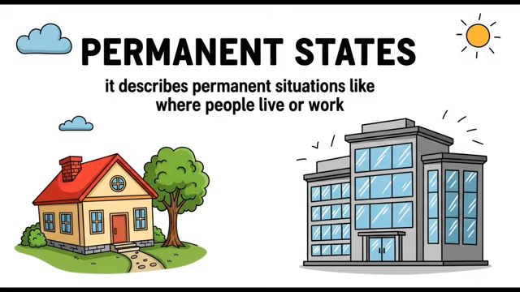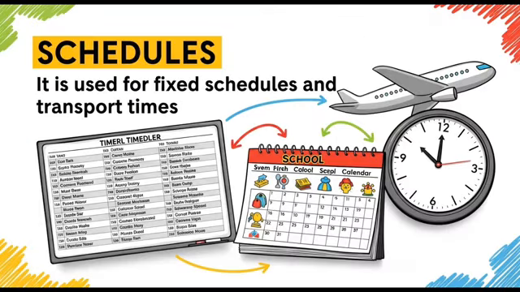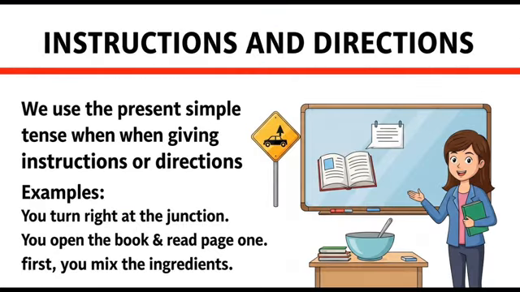Thirdly, it describes permanent situations, such as where someone lives or works. It is also used for fixed schedules, like school timetables or transport times. And finally, it is used when giving instructions or directions, especially when explaining steps clearly. So overall, it is a very useful tense because it appears in many areas of daily communication.